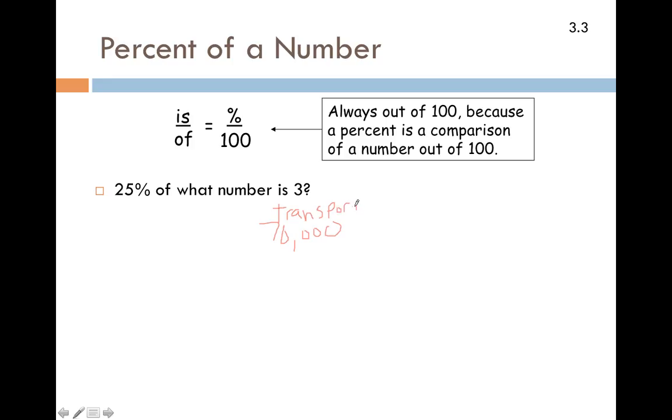Now that discount is an off problem. Of means you just multiply, but off means you have to subtract too. So this problem can be done two ways, but no matter which way you do it, you're going to have to subtract.